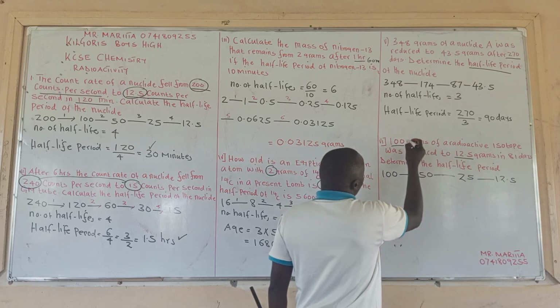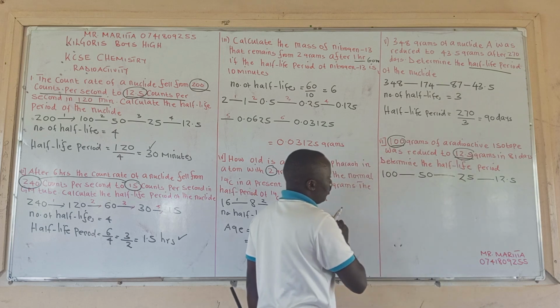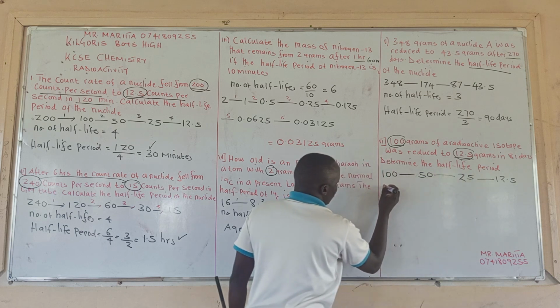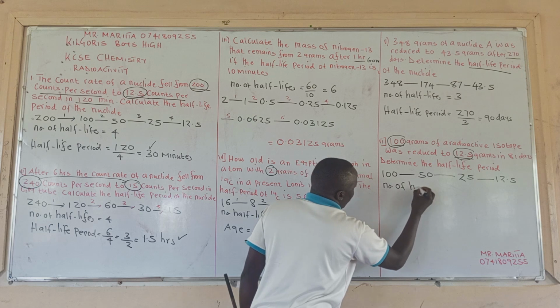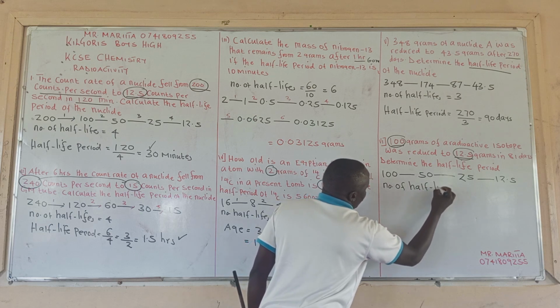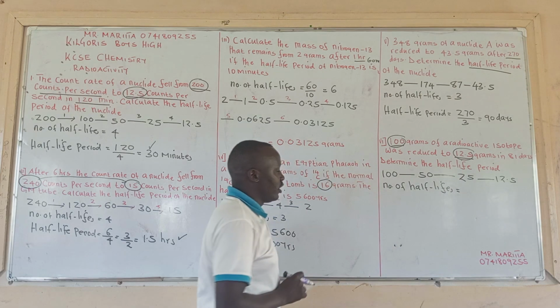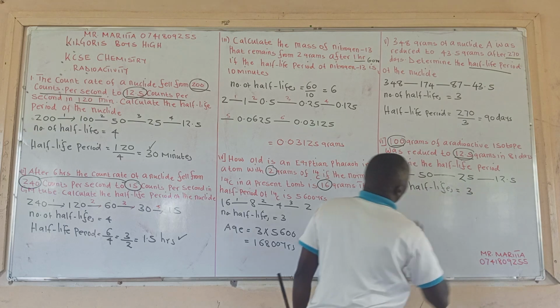So from 100 grams to 12.5, how many half-lives do we have? This is 1, 2, 3. So the number of half-lives in this case is equivalent to 3.